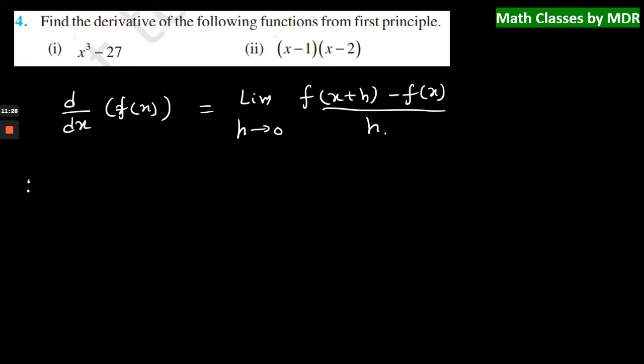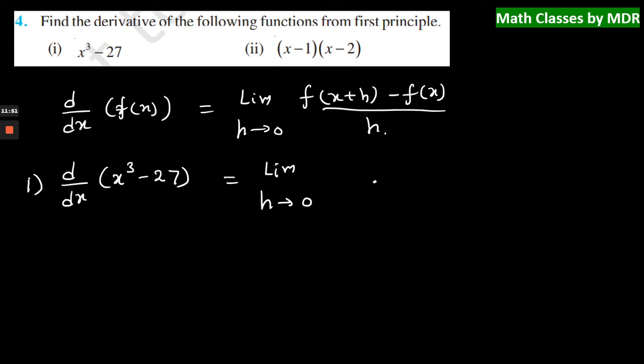So for the first problem, what is that? f of x is x cube minus 27, right? Then what to write here? Limit h tends to 0, right? Here in place of x, we have taken x plus h.